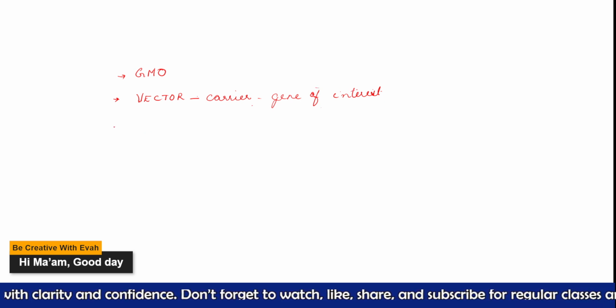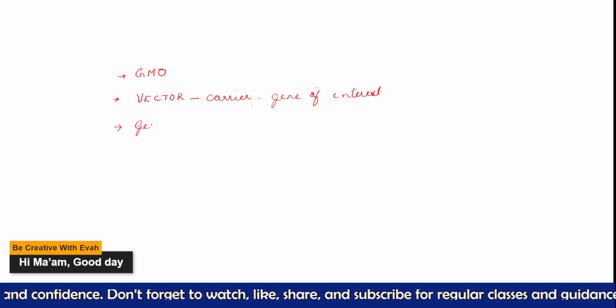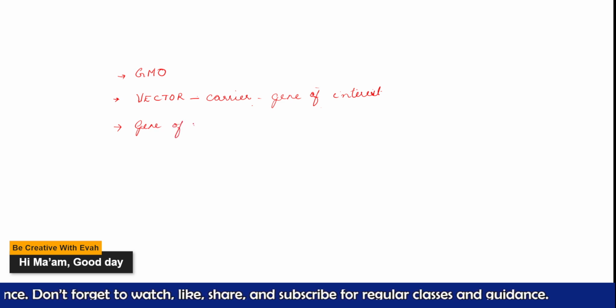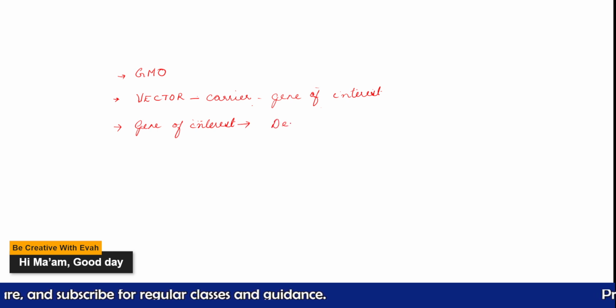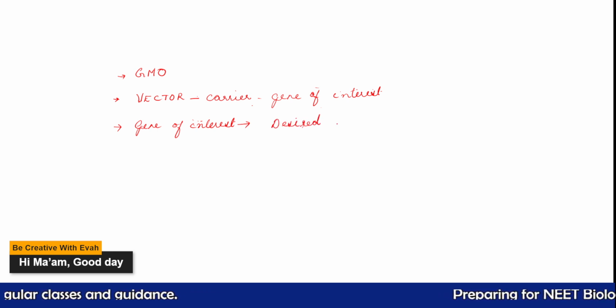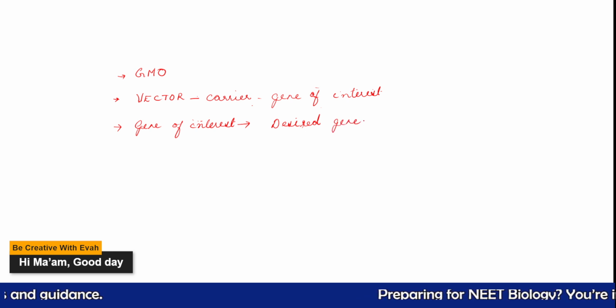Then what is the gene of interest? A desired gene. Okay. The gene with the desired characters.